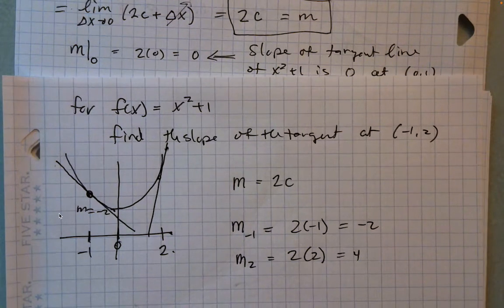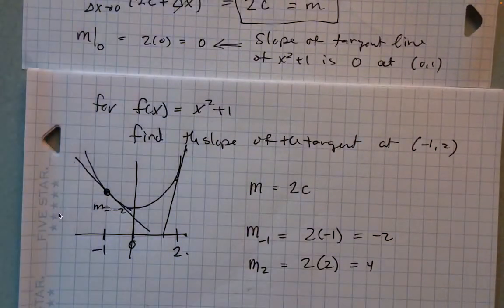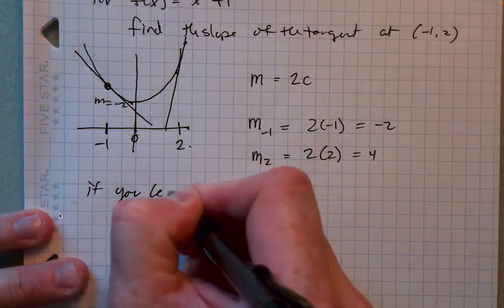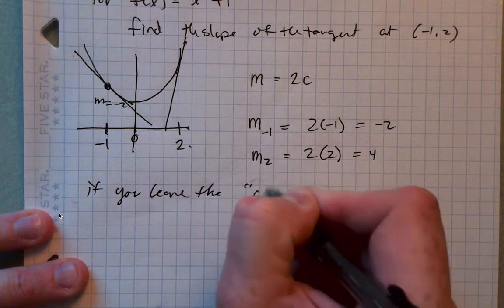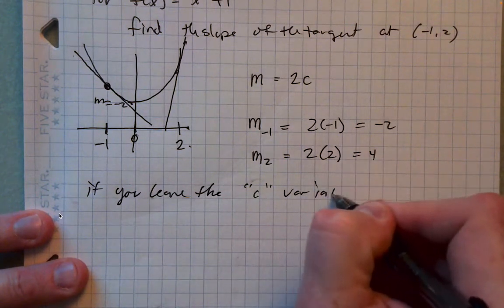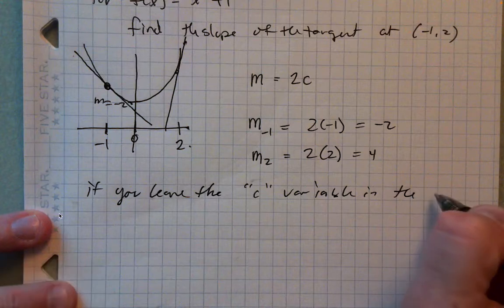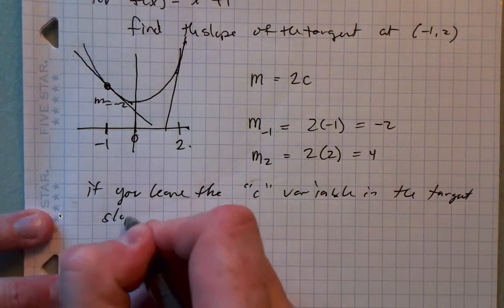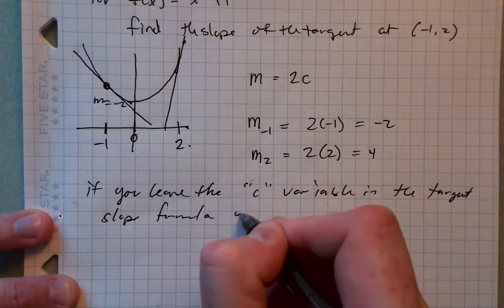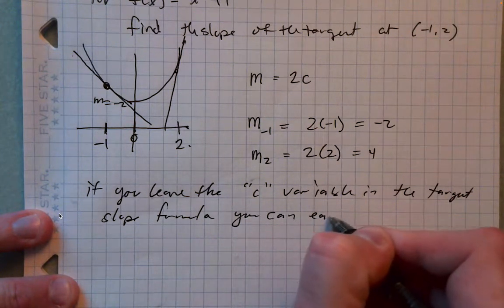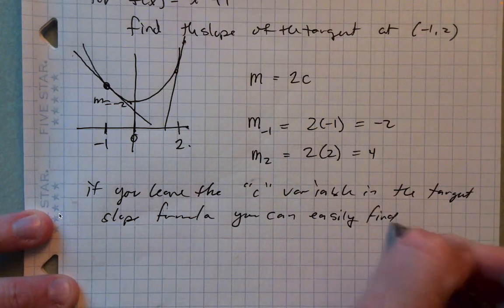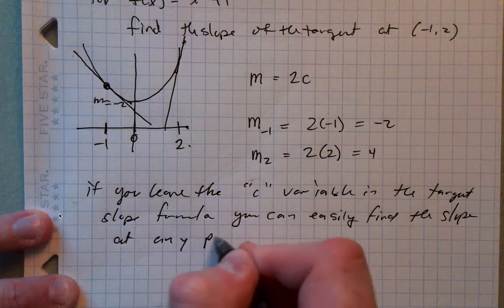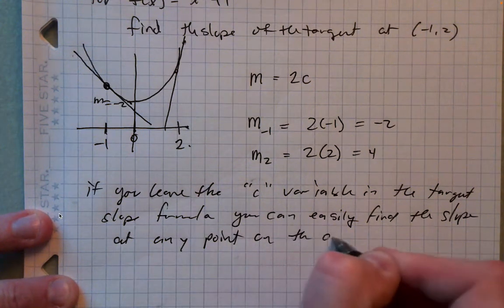Basically, if you leave the c variable in the tangent slope formula, you can easily find the slopes at any point on the curve.